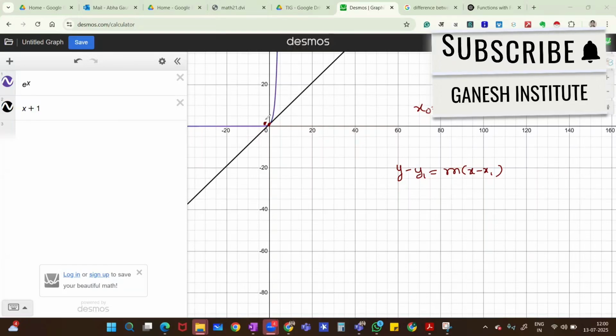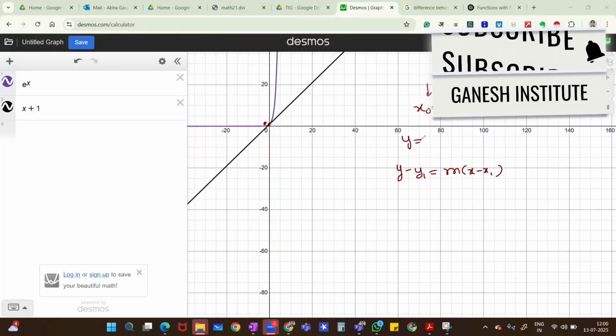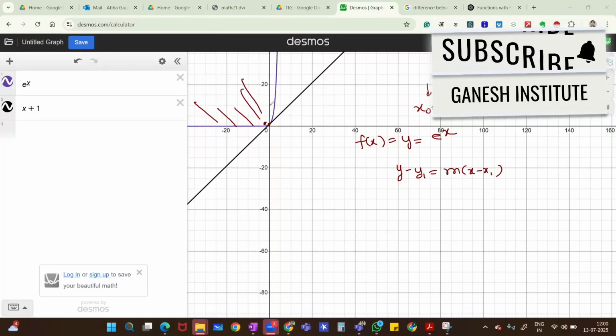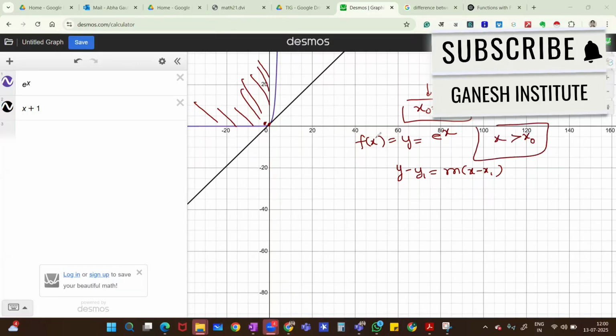Now you can divide this whole plane into two parts. One, whatever value you put into the function e raised to x, it is going to give you a greater value if you put values greater than x naught.